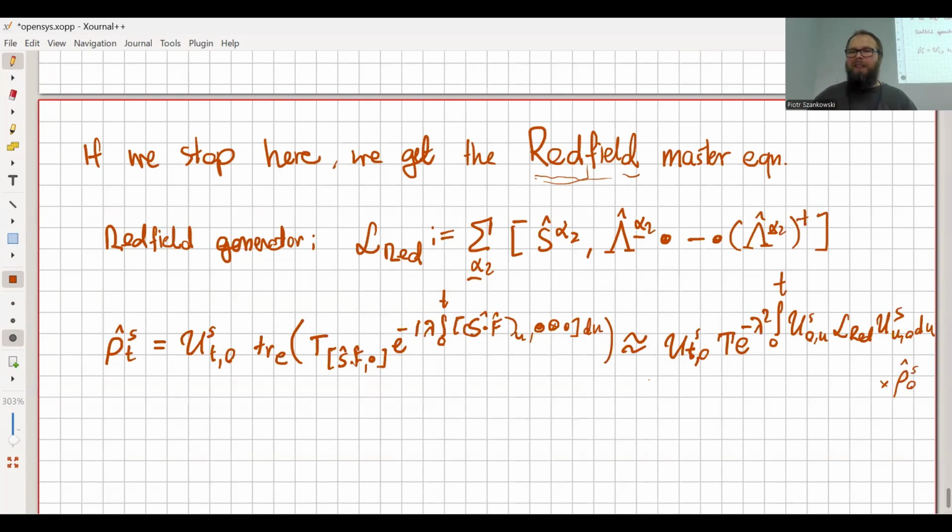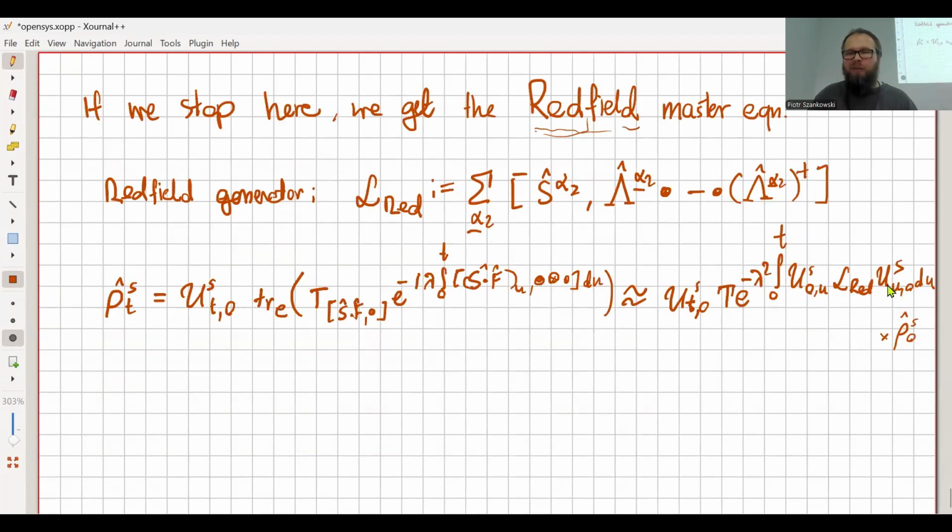It all acts on the initial state rho_S(0). Now, when you look at what's going on here, the Redfield generator is constant, but it's sandwiched in unitaries. This should trigger pattern recognition in you. This is basically the disentanglement theorem applied to this thing. So we can reverse this, we can re-entangle this, absorb the unitary in front back into the exponent.